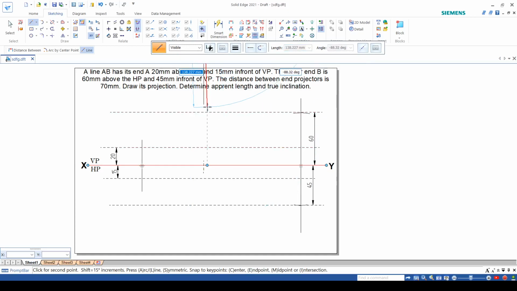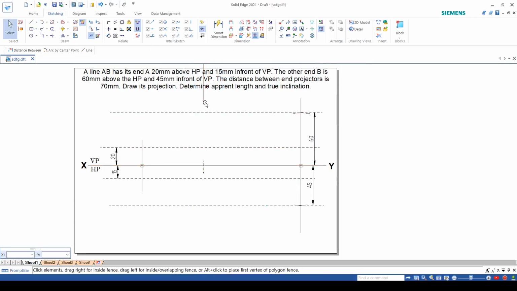Oh, wait a minute, I just marked it positive 90. Let me just mark it negative. Just once more I would try it.